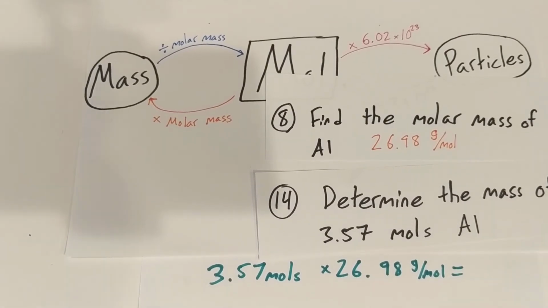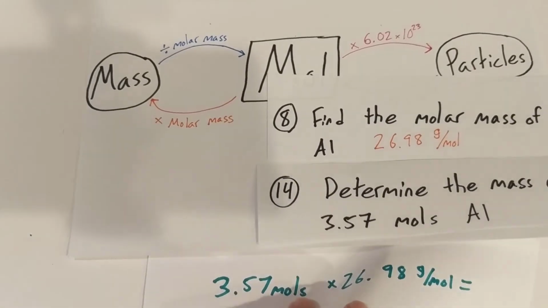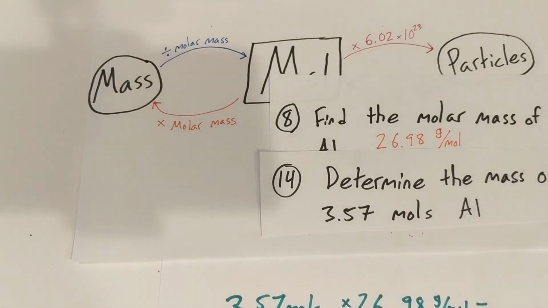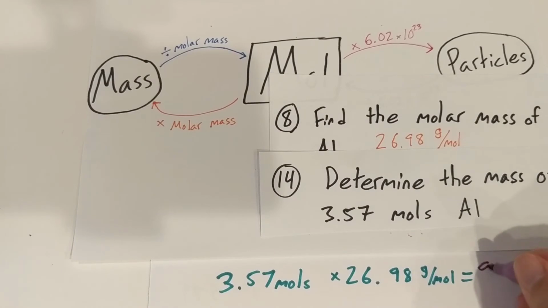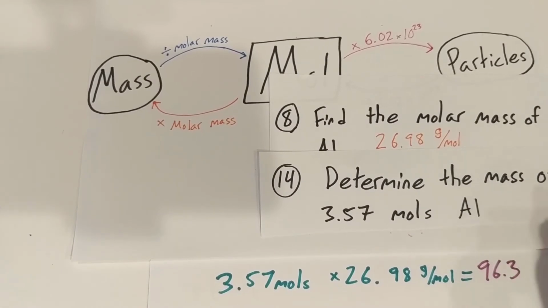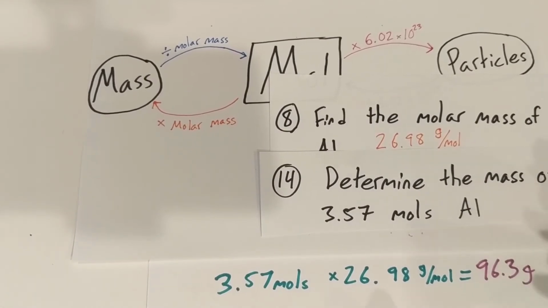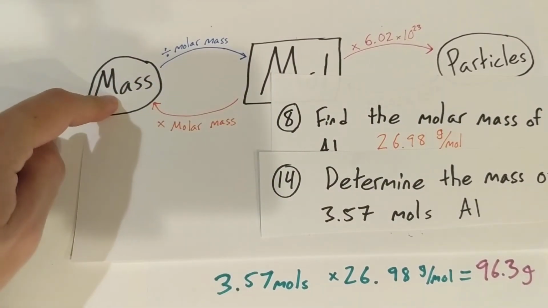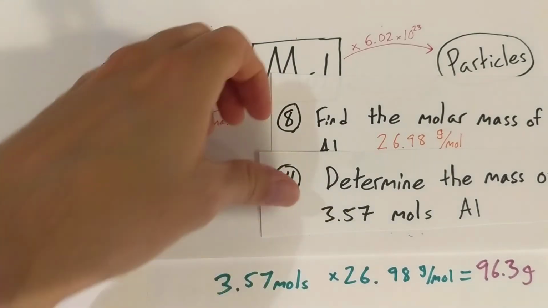Let me plug that in a calculator real quick. Should be about 96.3 grams. So that's how we're going to go from moles of aluminum to mass of aluminum.